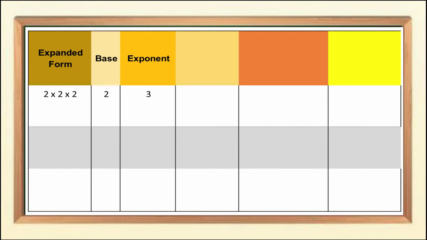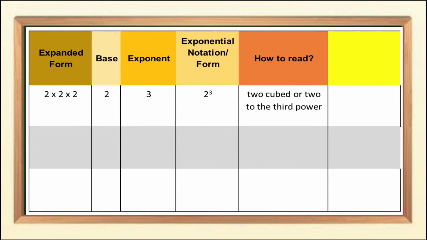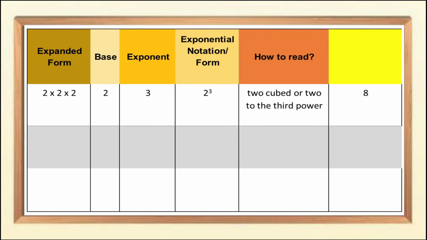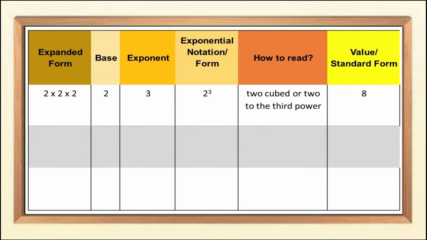When we write this in exponential notation or exponential form, we will have 2 cubed or 2 to the 3rd power. Now solving 2 times 2 times 2 or 2 cubed will give you 8, and that is the standard form.